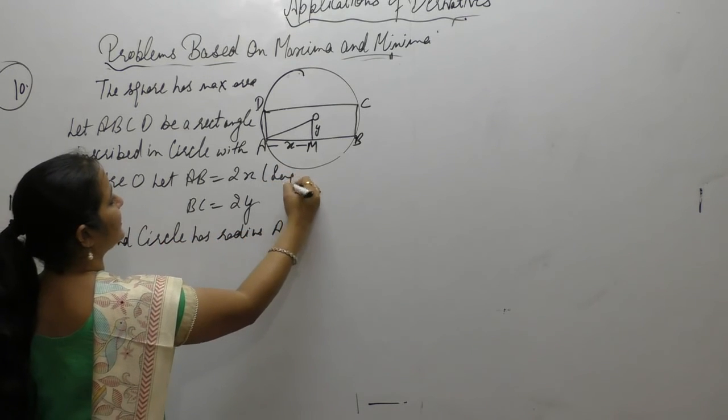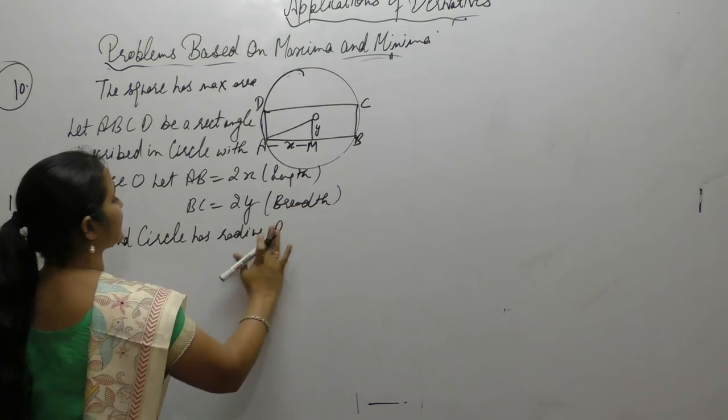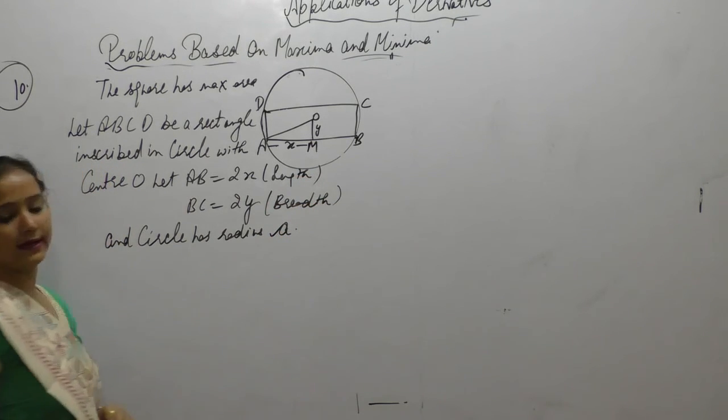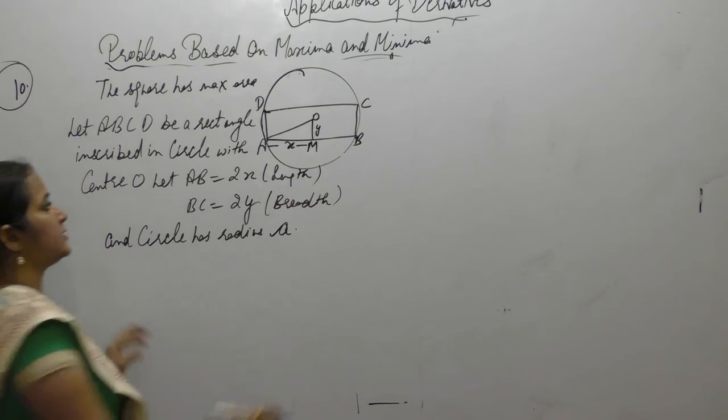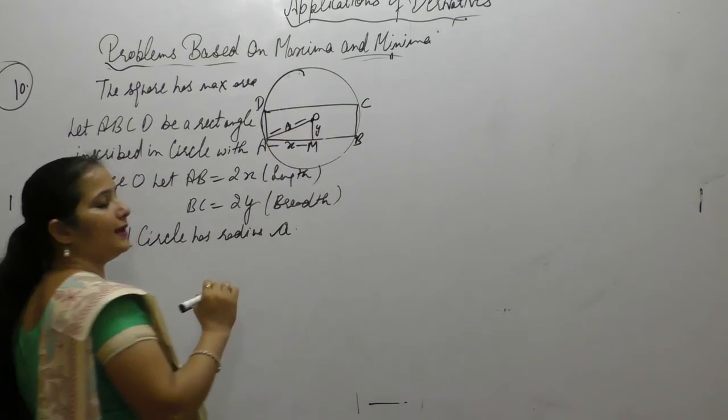AB is the length of the rectangle, BC is the breadth of the rectangle, and the circle has radius a. So this is the center of the circle, and this is the radius a.